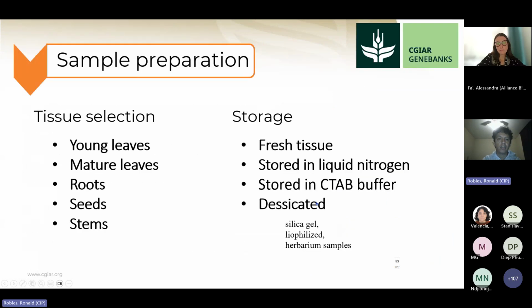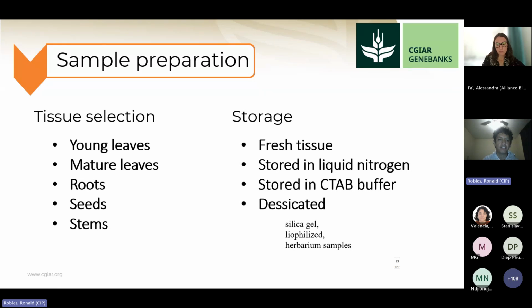For these reasons, the sample preparation, the first step, is a key factor for assuring a good quality of our DNA extraction. This step, the sample preparation, can be divided in two moments.